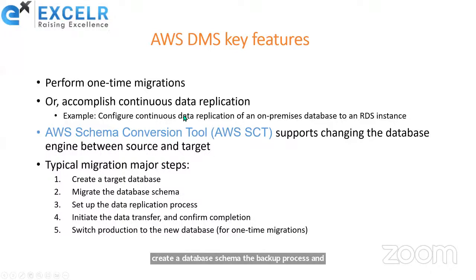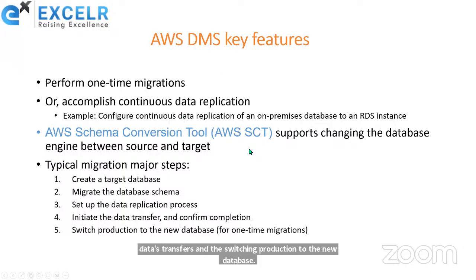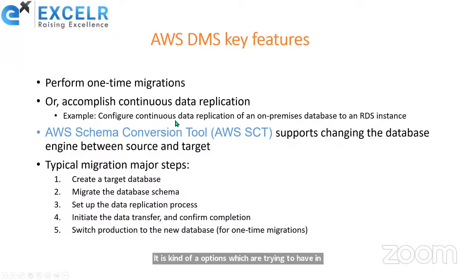It simplifies configuring continuous data replication of an on-premise database to RDS instances within the cloud. These features are available when you migrate data from anywhere to AWS, I mean AWS proprietary database tools like RDS or non-RDS.